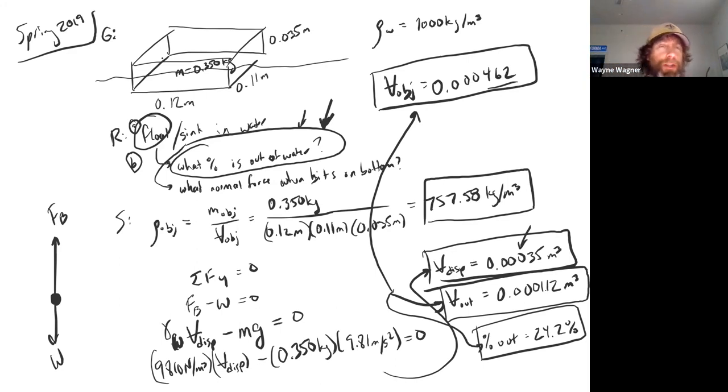Just a note, if we'd had a different density for this object, like let's imagine I made this thing twice as dense. So instead of having a density of 757.58, we'd have twice that, 757.58 times 2, 1515.2.